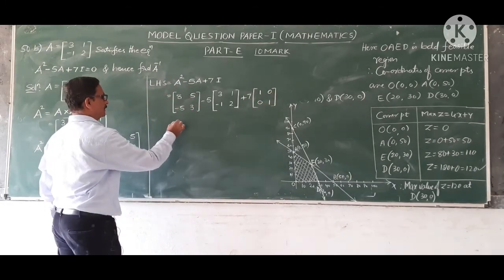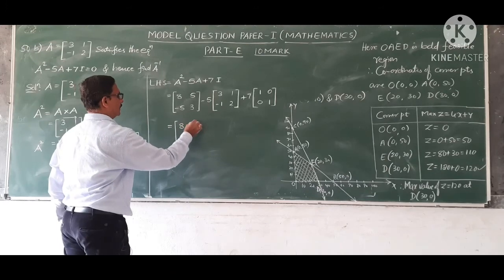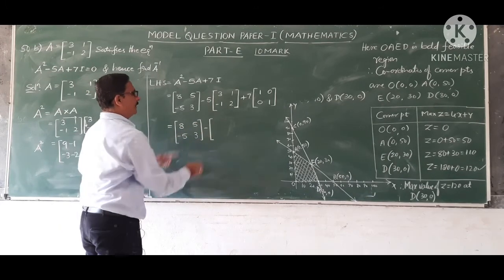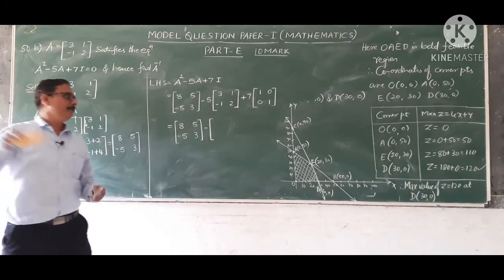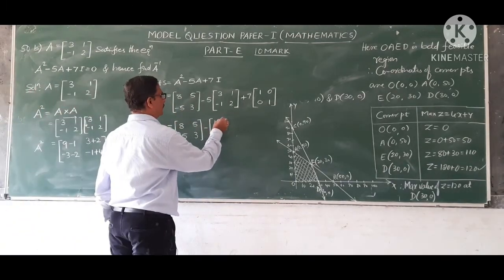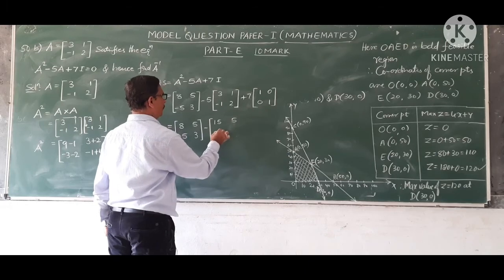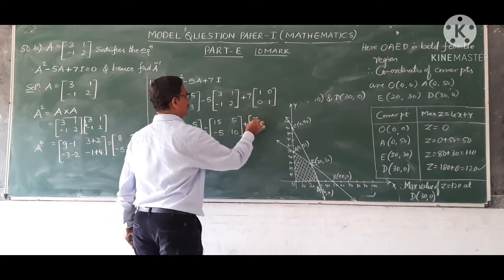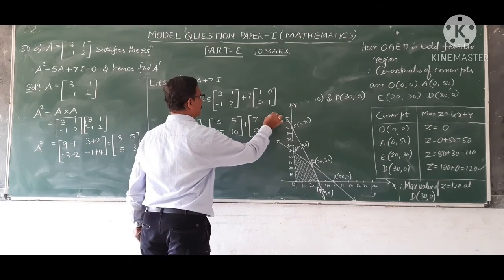Then further simplify, first term as it is, minus, by scalar multiplication of the matrix, multiply each element by 5: 5 3s are 15, 5 minus 5 is 10. Again by scalar multiplication, 7 0 0 7.